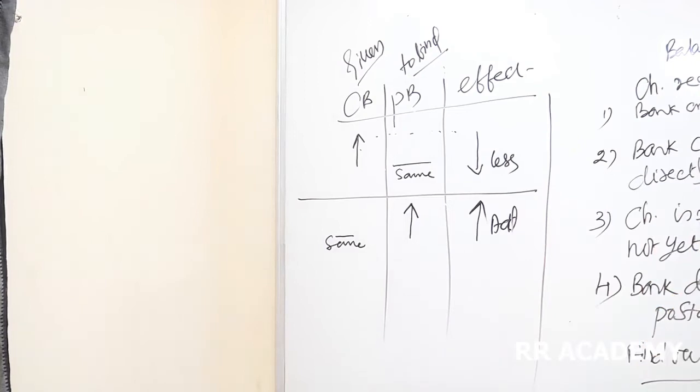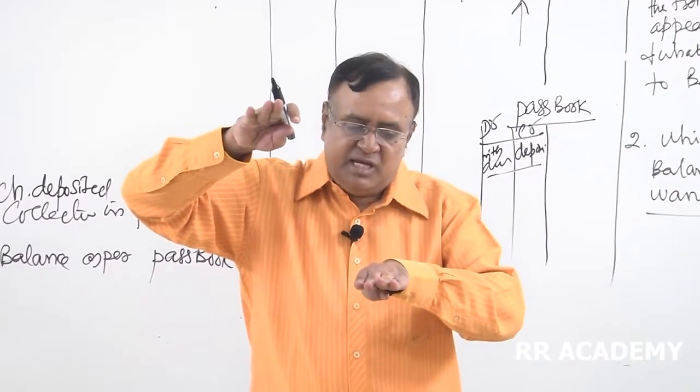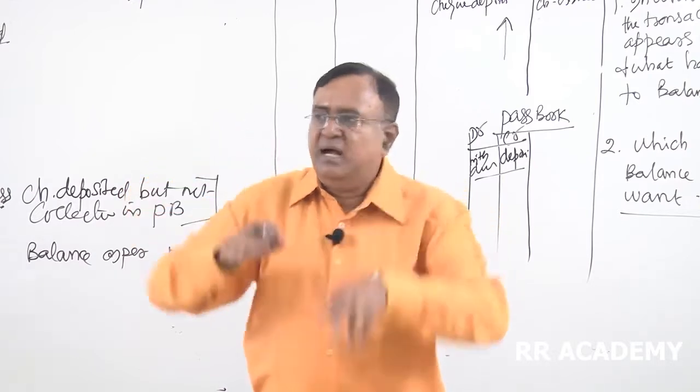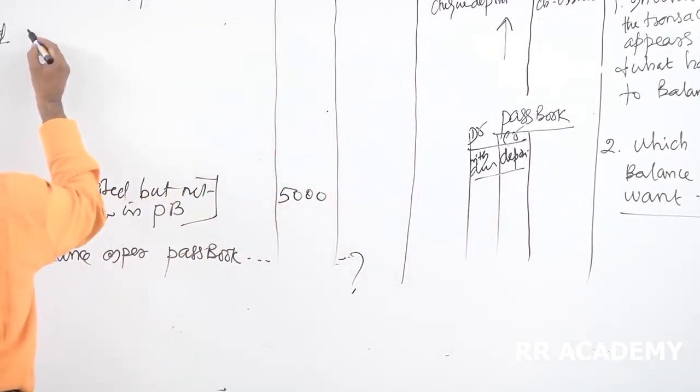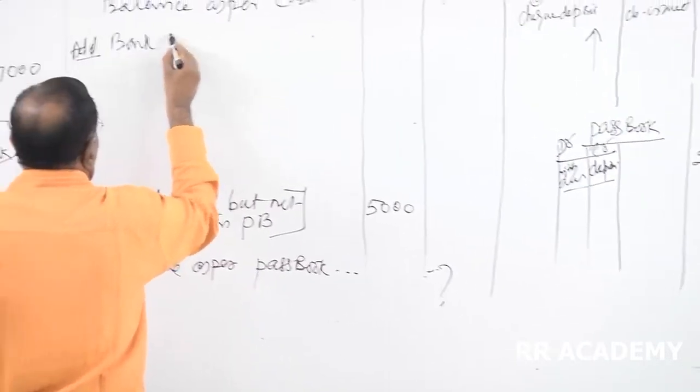Again, let me explain: passbook increased, cash book same. You want the passbook balance, so add to the cash book, because only the cash book is given. That is bank credited.